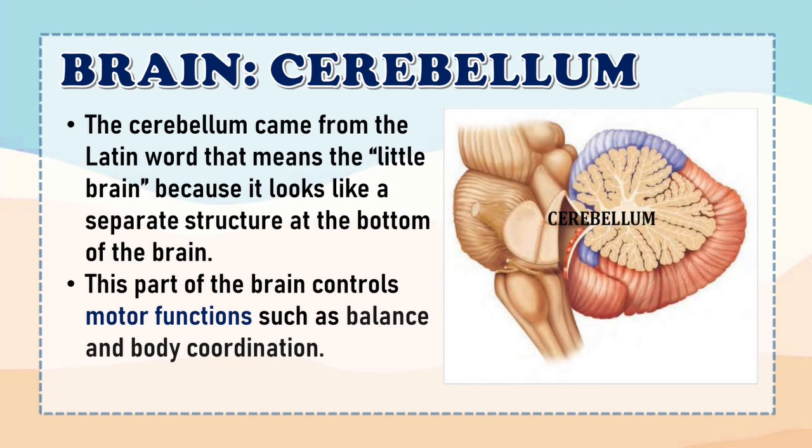So although the size is very small, still it can do a lot of work, because it contains about 50% of the nerve cells that can be seen in our brain. So that's how important the cerebellum is.